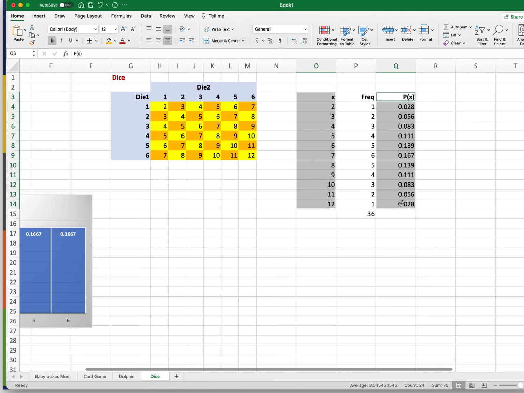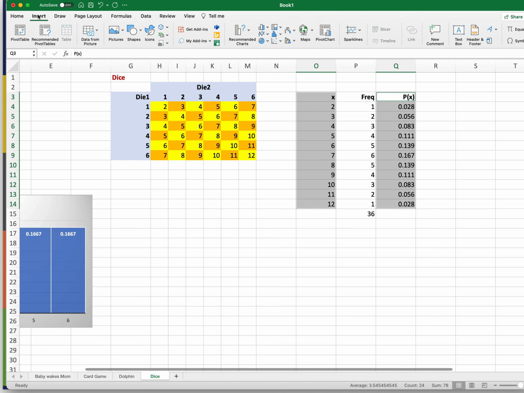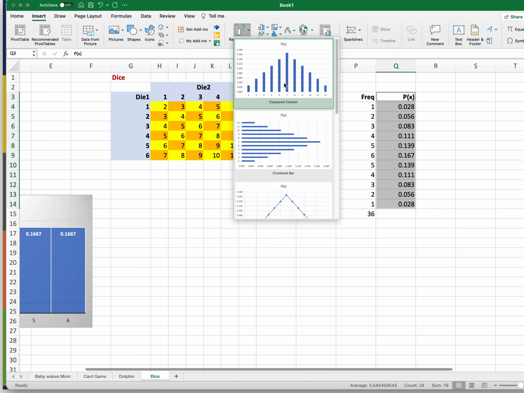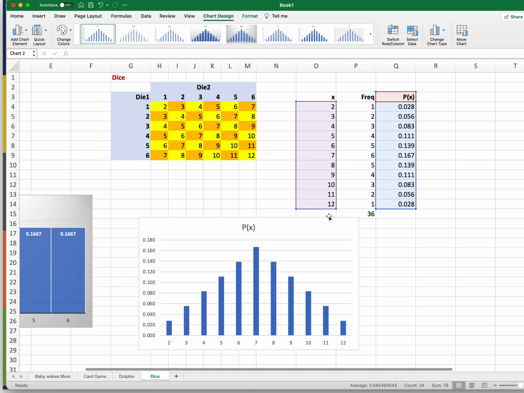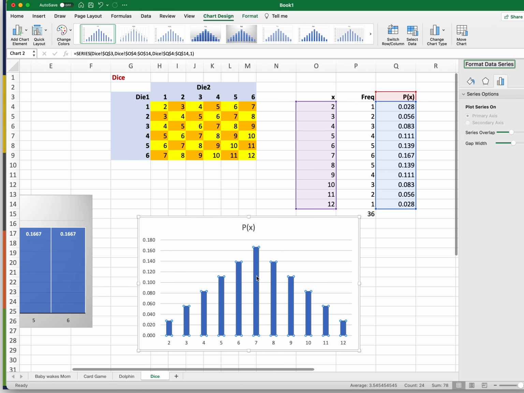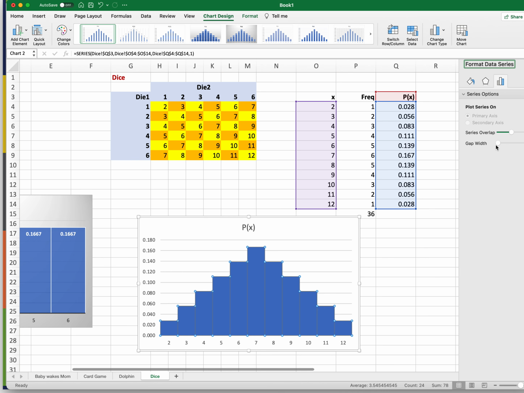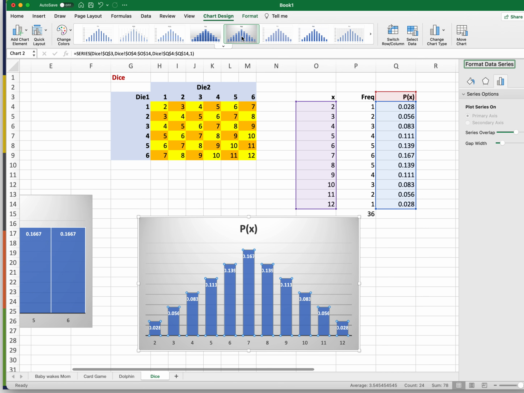So that's my 2 dice now. And it's not uniform anymore. And if I go here and I say insert, recommended chart, and I do this, oh my God, I get a bell-shaped kind of curve instead. So if I click on the bars and I reduce the gap width, and maybe I'll click on that one where I get the probabilities.